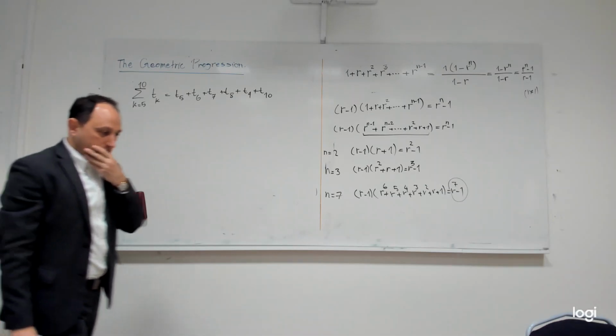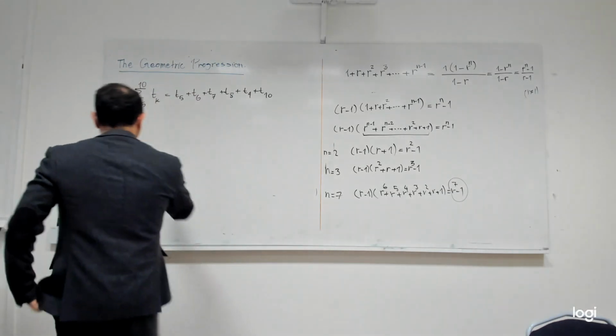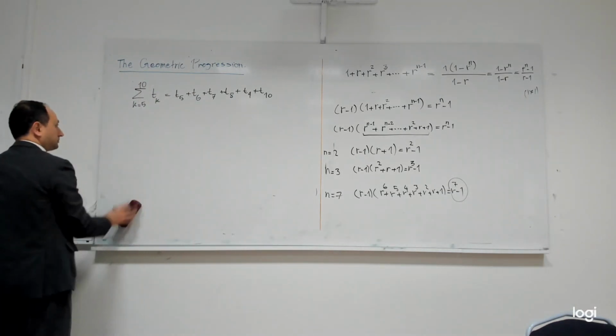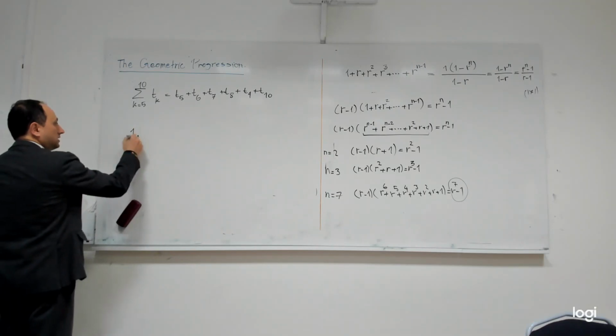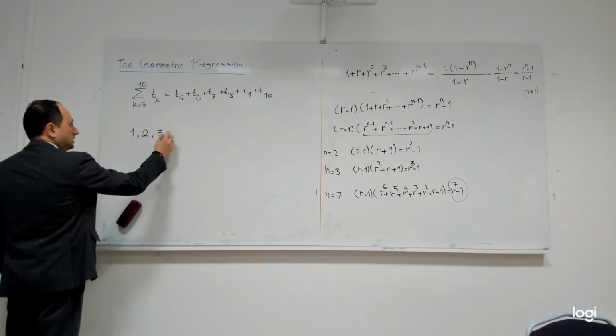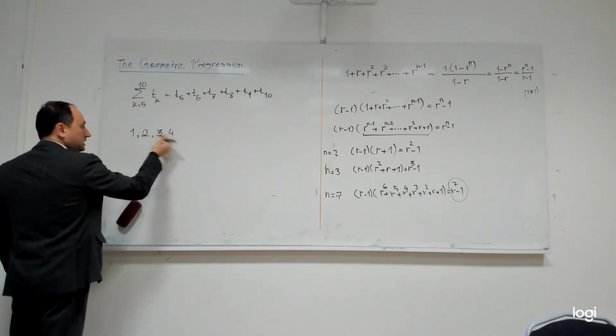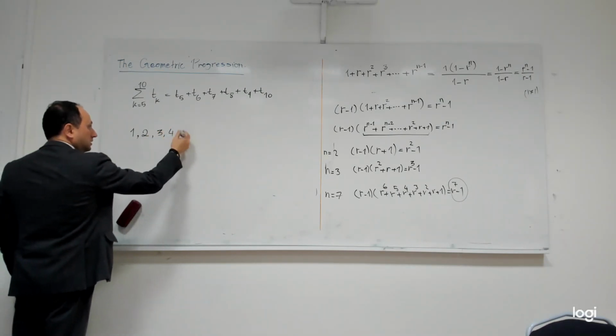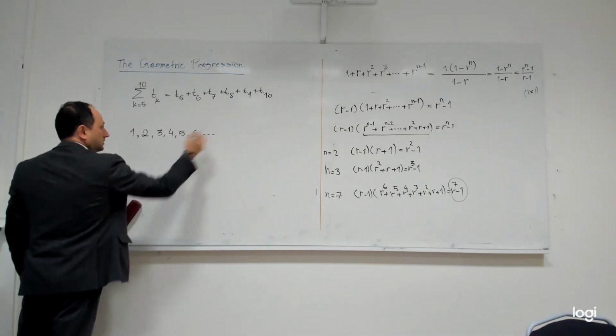Okay, let me now ask you one question. If I have this, not sum, just the sequence of natural numbers. This is not a geometric progression, but this is an arithmetic progression.